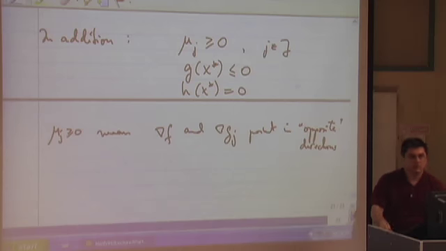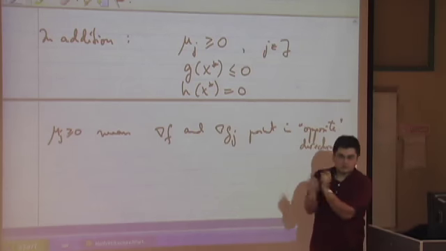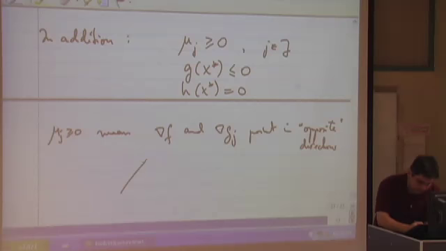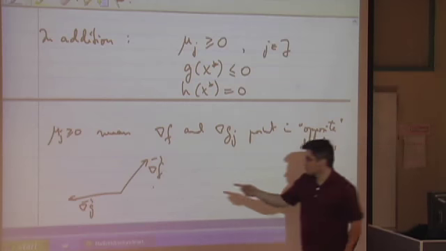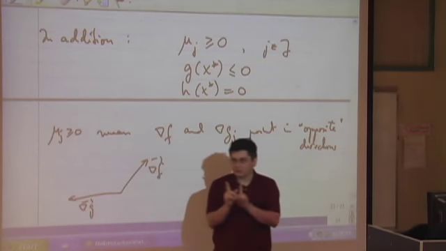I mean, not necessarily 180 degrees, but something like this. If this is the gradient of f, the gradient of g is like this, and the angle in between the two is greater than 90 degrees, basically.